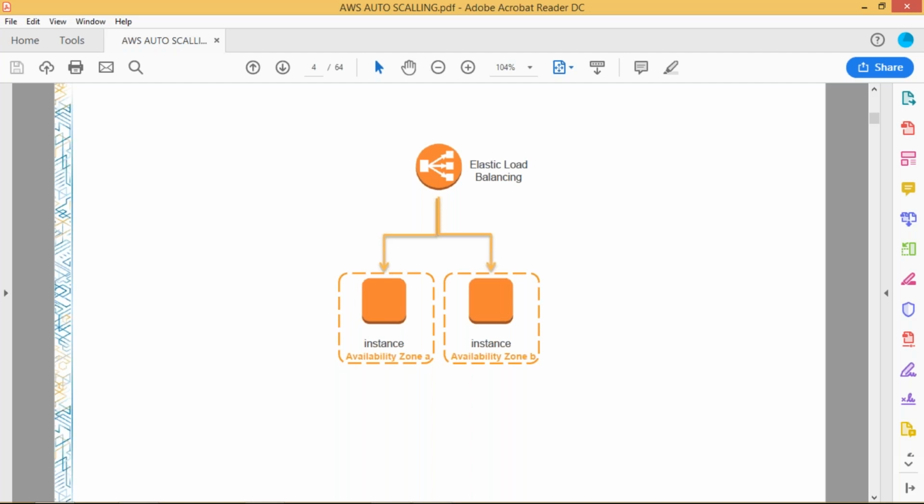So the load balancer basically balances the load. Yes, this is the basic idea.